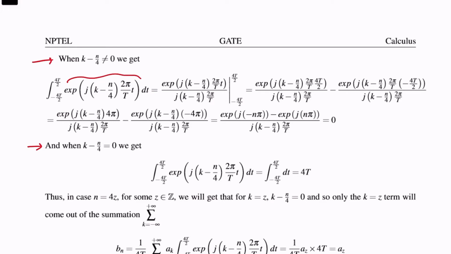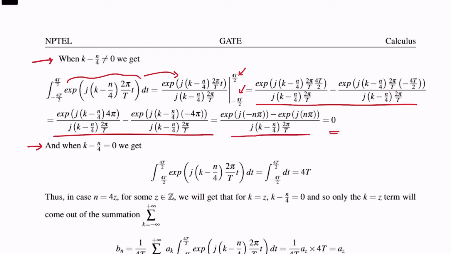So therefore you can use the integral of exponential formula and then substitute in both the limits, right? And do the subtraction and you will find that this is equal to 0. And of course, when k minus n by 4 is equal to 0, then this is like e power 0, which is just 1. So I'm just substituting 1 over there and it's equal to 40.